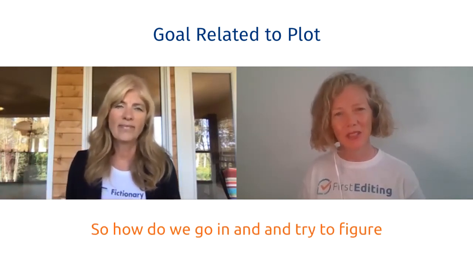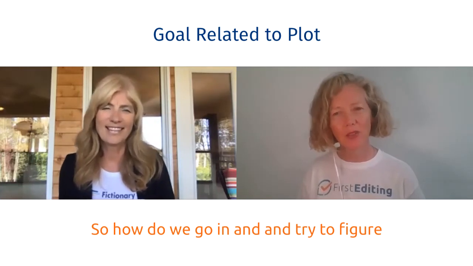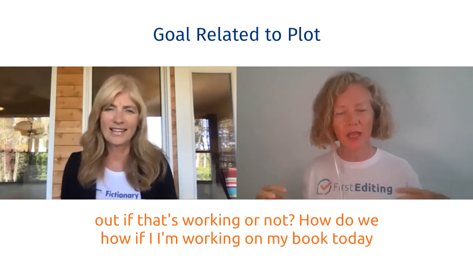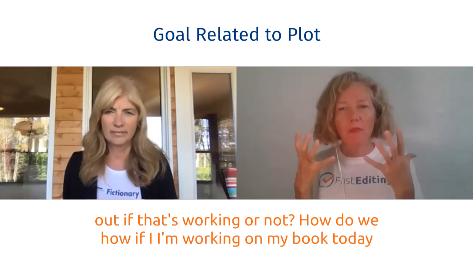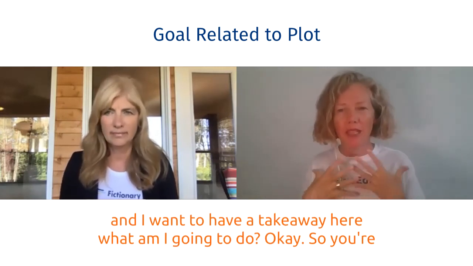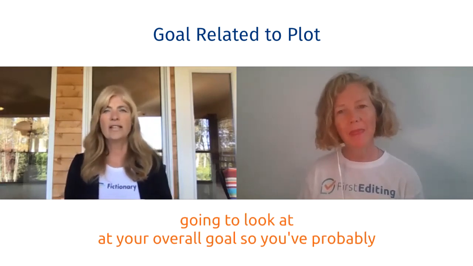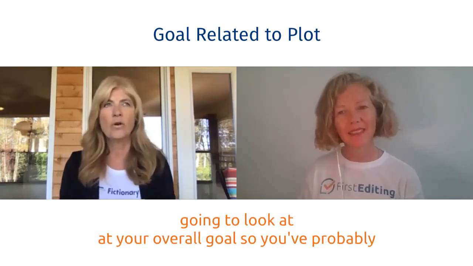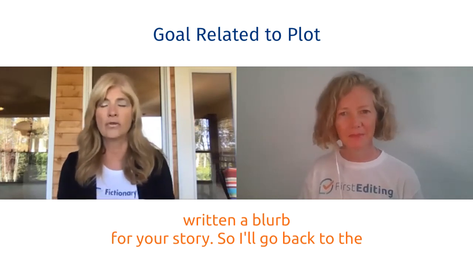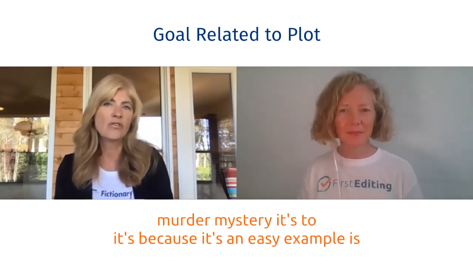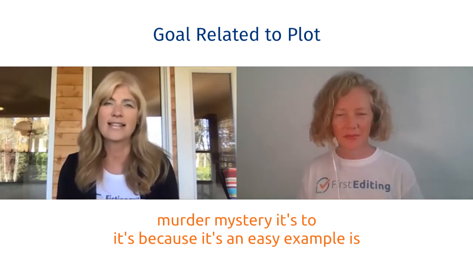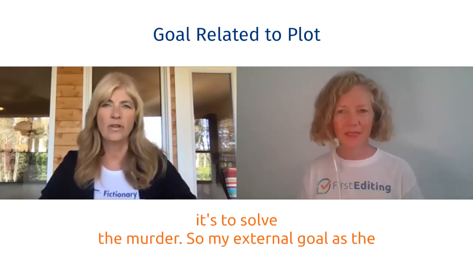No, not at all. So how do we go in and figure out if that's working or not? If I'm working on my book today and I want to have a takeaway here, what am I going to do? Okay. You're going to look at your overall goal. You've probably written a blurb for your story. I'll go back to the murder mystery because it's an easy example: it's to solve the murder.